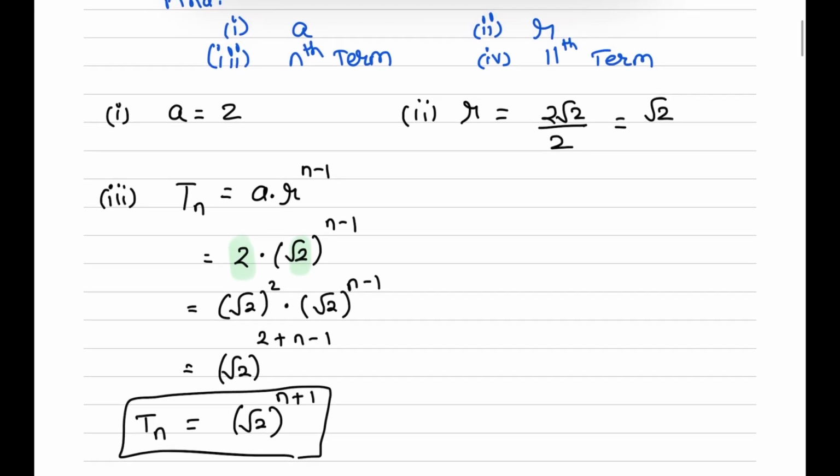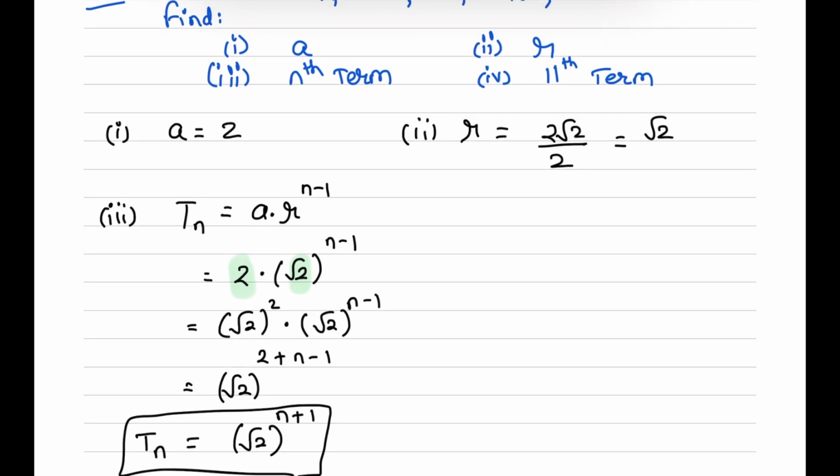Now to find the 11th term, we can use the formula T11 equals A times r raised to 11 minus 1, or we can use the simplest form of nth term for this geometric progression.